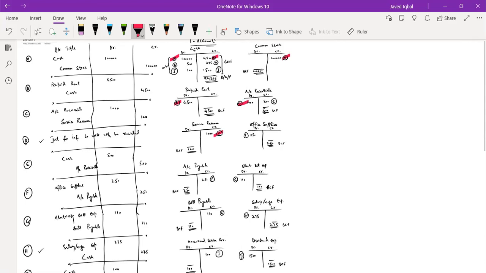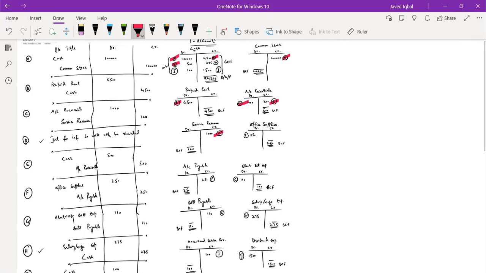Then you don't have any D. So you have E transaction, debit side of which is cash, and credit side is account receivable. Where is it? Here it is. Transaction E justified.